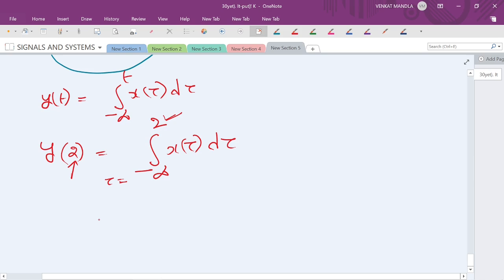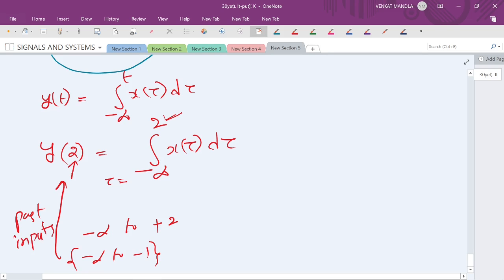But the limits, minus infinity to 2, minus infinity to minus 1, all these limits are past inputs, not future inputs. So it is a causal system. There are no future inputs. That's it.